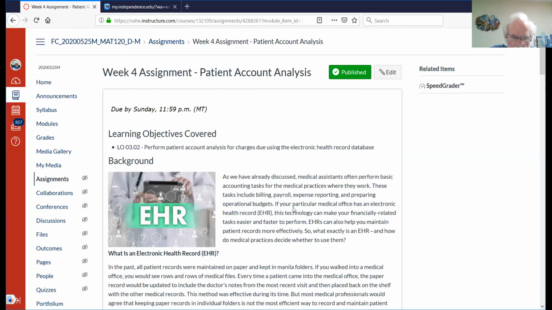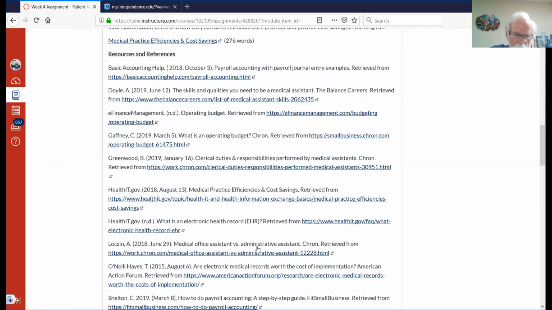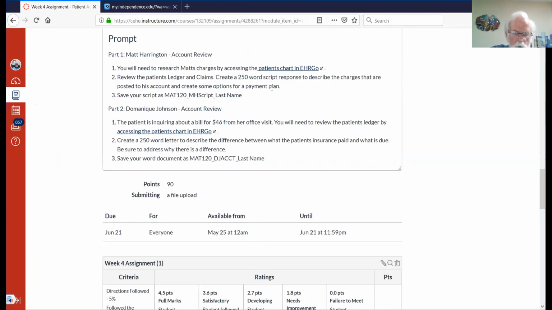The assignment itself is going to be to look up and write a script for one person, and then a letter for another. So keep that in mind as you are looking at those records. How are you going to explain the issues to the patients? You've got two different patients, so there are two parts to the assignment.